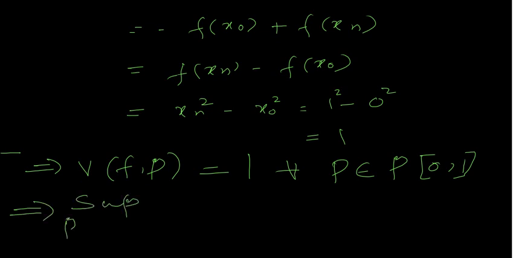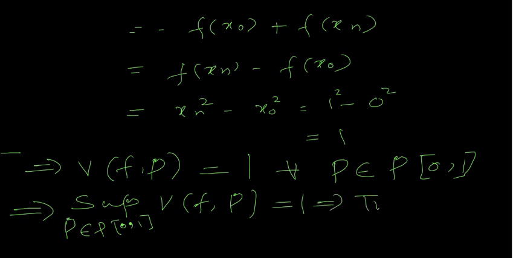The supremum over the partitions of the closed interval 0, 1 of V(f, P), if you want to find the supremum of these variations, it's also equal to 1. But what is the supremum? It's actually the total variation. So that means the total variation of f.